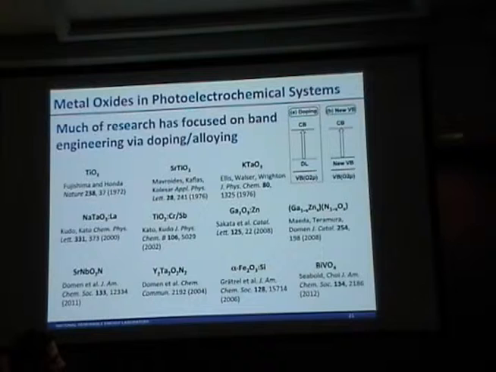Doping them basically makes a doping layer, and so this can effectively reduce your band gap, and similarly creating an actual new valence band that's above where the oxygen 2p dominated valence band would be is another strategy. And so most of these materials here deal with one or the other of those types of strategies.